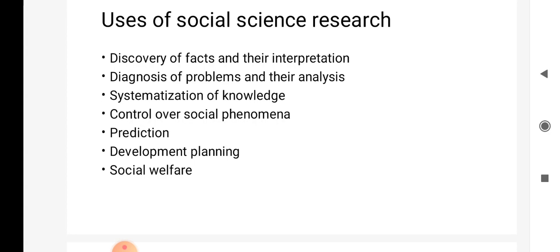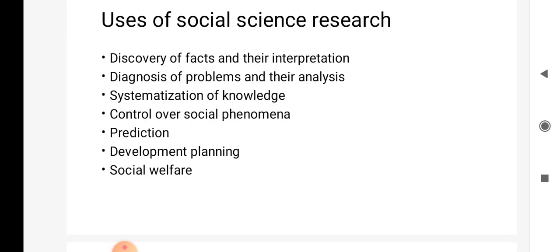Development planning. So planning various activities, various safety measures, or controlling of various future problems can be done only when it is possible to analyze certain issues and predict them for a certain period of time. Social welfare.